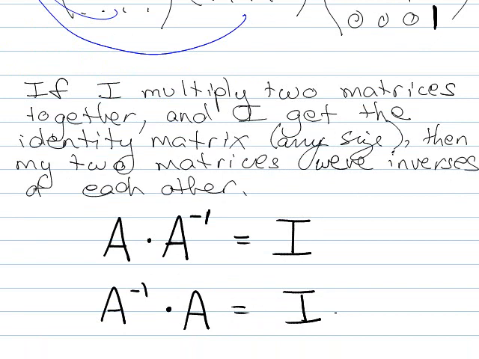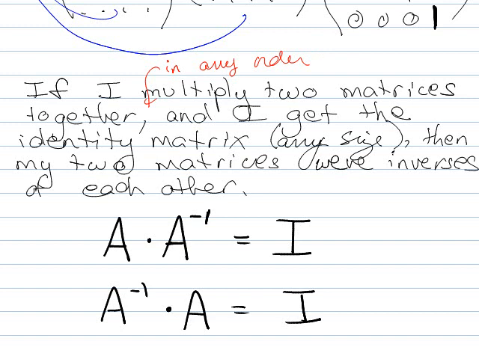So if I multiply two matrices together, if I get the identity matrix, if I do them both ways, in either order, so I guess I should go ahead and put that together. If I multiply two matrices together in any order, and I get the identity matrix of any size, whatever size it needs to be, then my two matrices are inverses of each other. Okay?